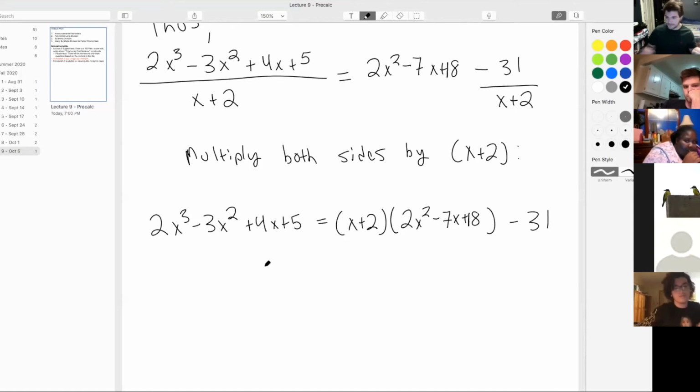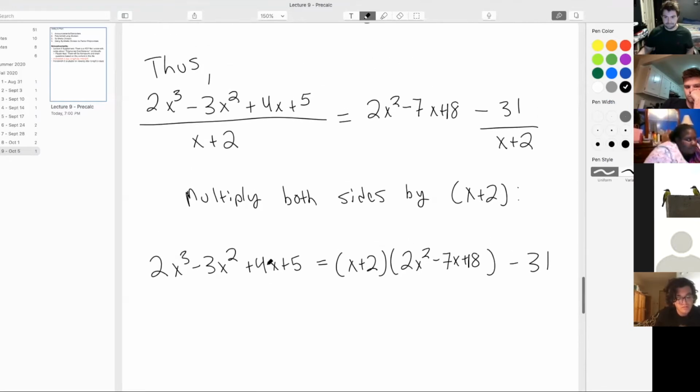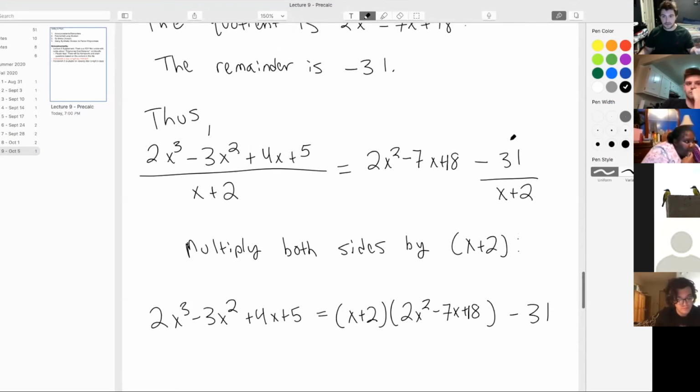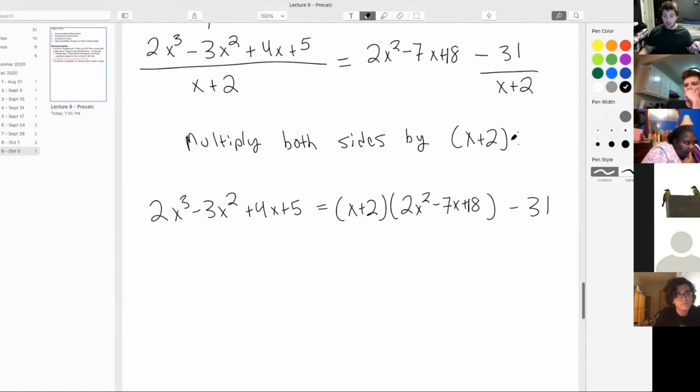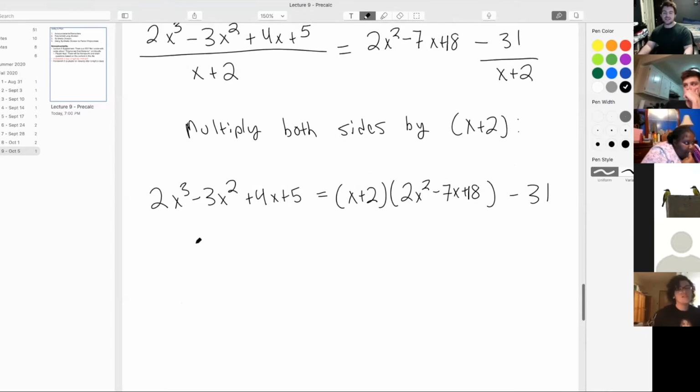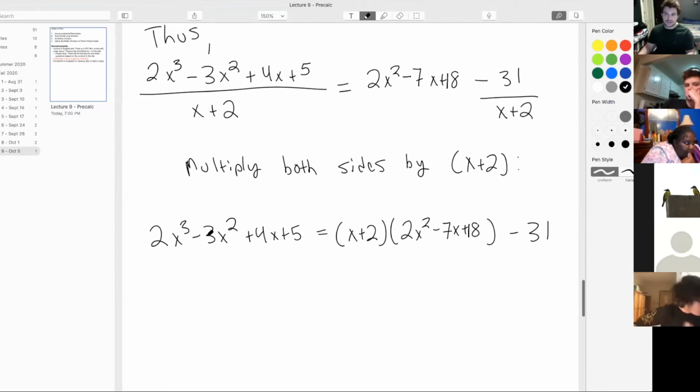I have a question. Yes. It's the 2x squared minus 7x plus 18 minus 31 over x plus 2. Why is the x plus 2 there? I missed that. Right. I probably should have done this in the other order.